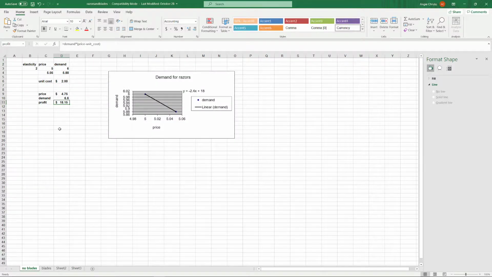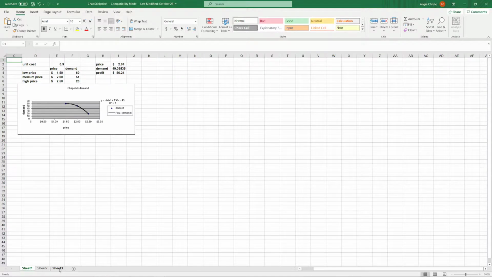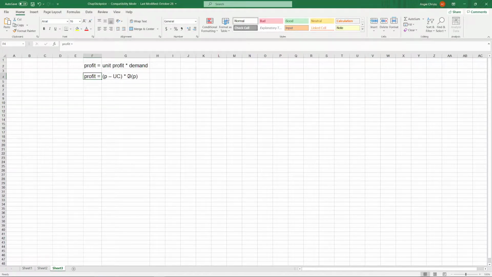So, just so we can remember and understand it a little bit better, to create the calculation for the profit, we typed out that formula to include what this equation shows us here, which is that in order to find our overall profit, all we need to do is find the unit profit times the demand.